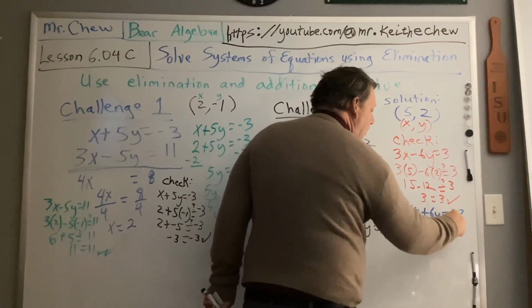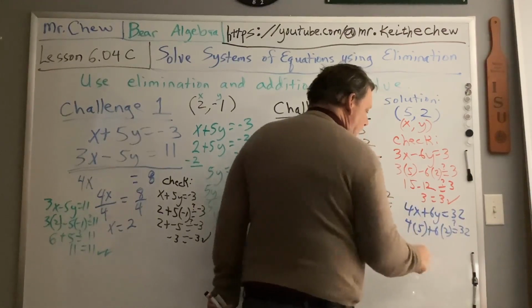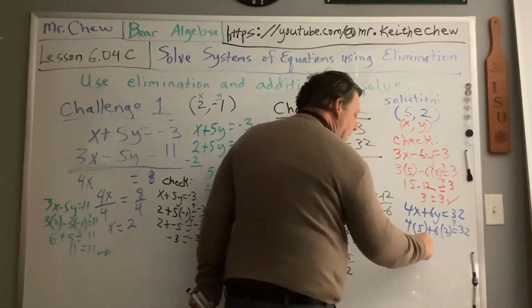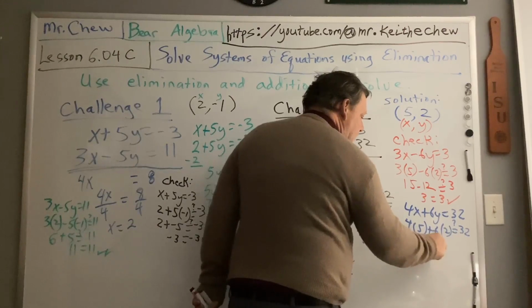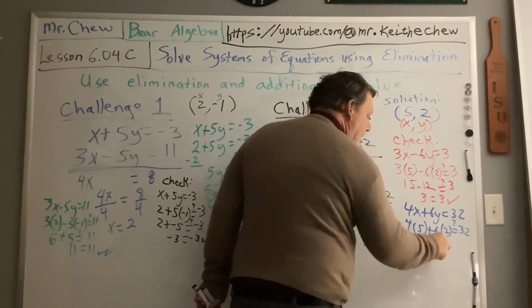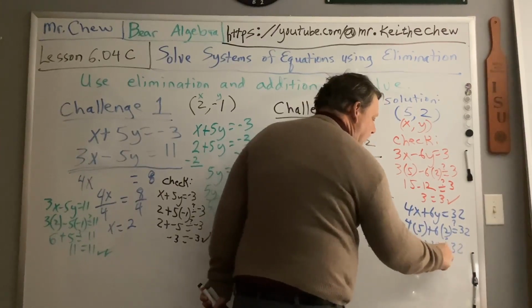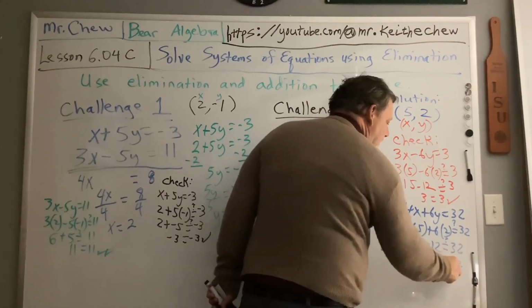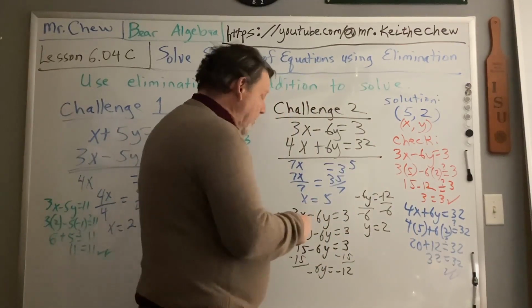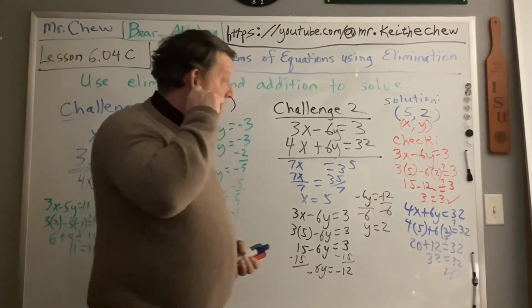Put a question mark above the equal sign. 4 times 5 is 20. 6 times 2 is 12. I'm doing the order of operations now. Equals 32. 32 equals 32. So since they both are on there, that is the solution.